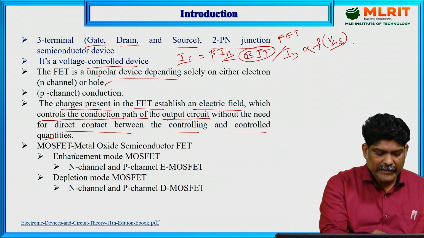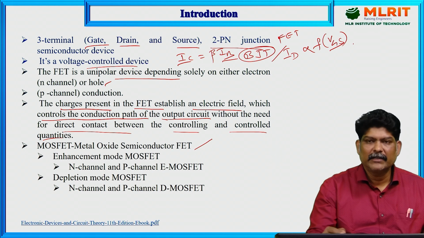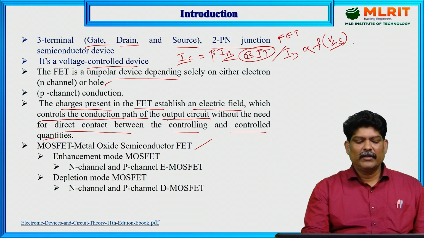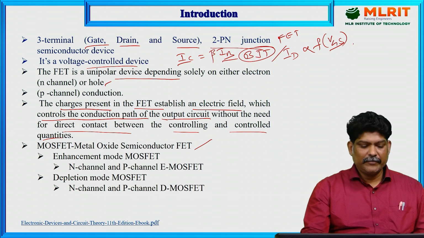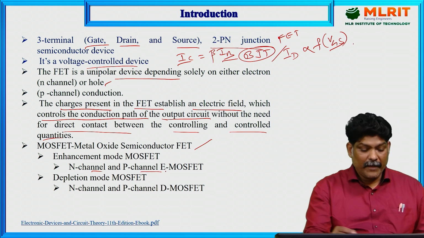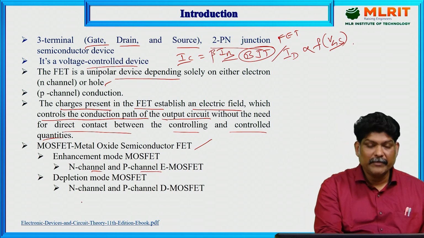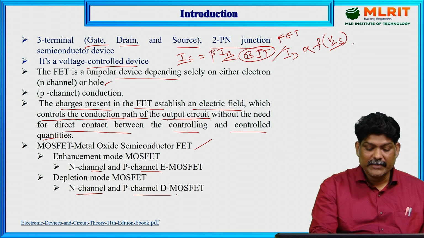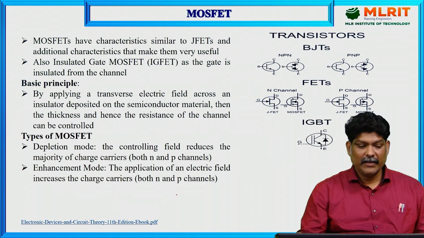MOSFET, metal oxide semiconductor FET, can be classified into two types: enhancement mode MOSFET and depletion mode MOSFET. The enhancement mode MOSFET is subdivided into N channel and P channel enhancement mode, and the depletion mode MOSFET is subdivided into N channel and P channel depletion MOSFET.